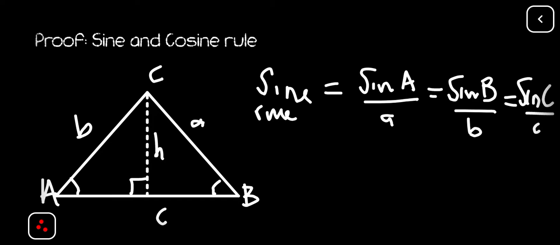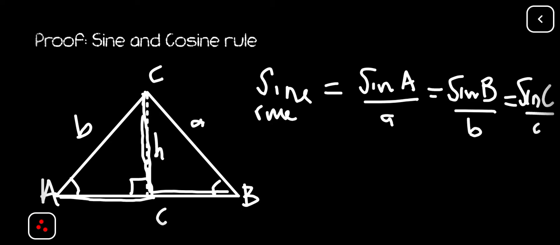We're using each of the triangles. So we have this triangle first. This is what we'll be using first for angle A, then we'll get to this triangle for angle B. So this H here, this 90-degree line, is going to be the height for the two triangles in one triangle here.